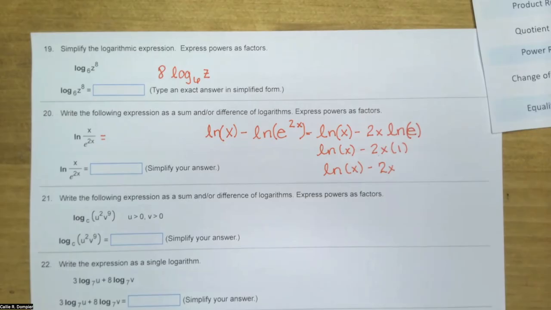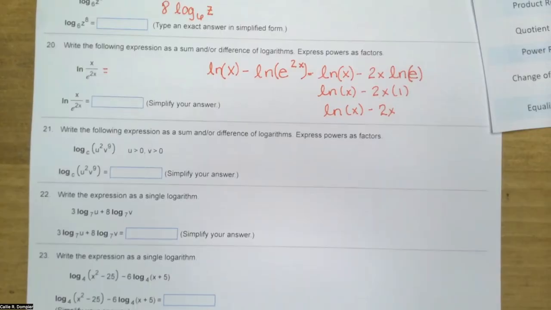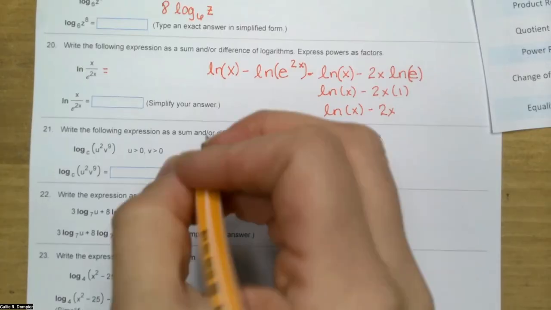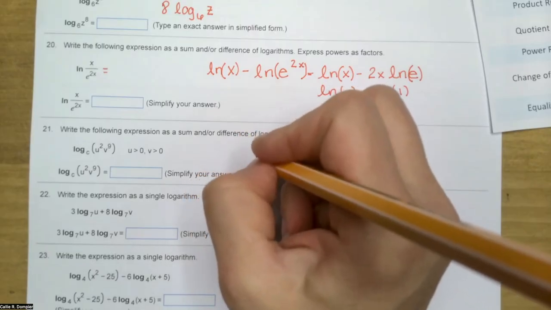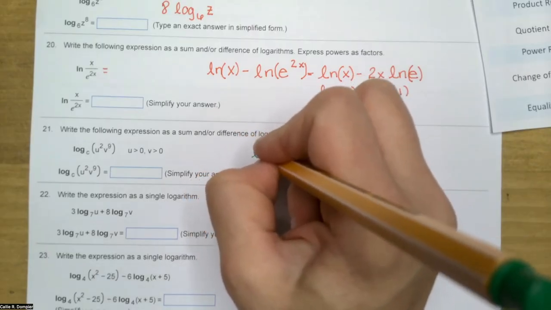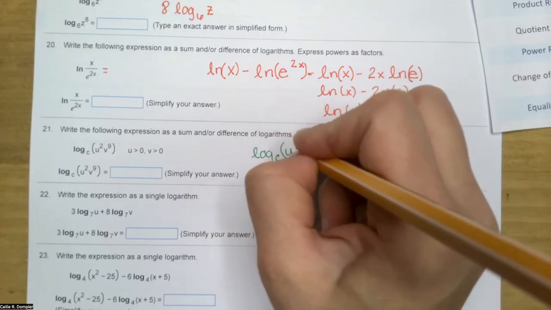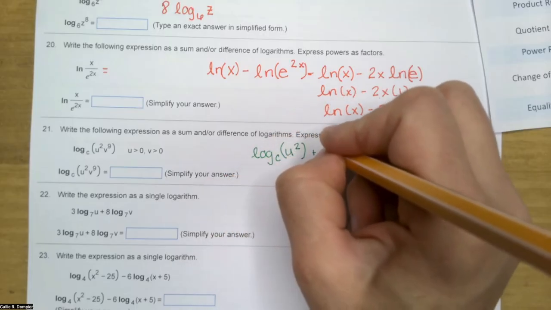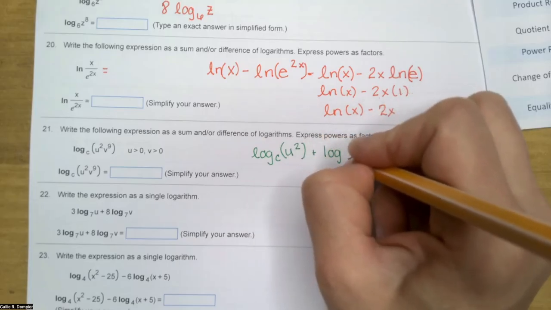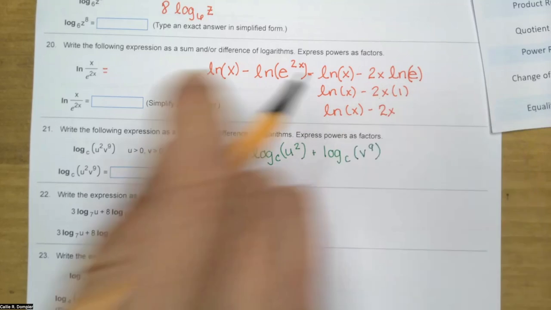Good? All right. Now we're going to write log base c of the quantity u squared times v to the 9th. First of all, we'll turn it into a sum of logarithms. So it will be log base c of u squared plus log base c of v to the power of 9.